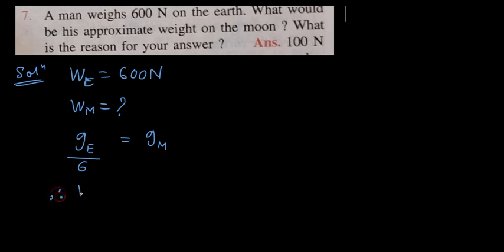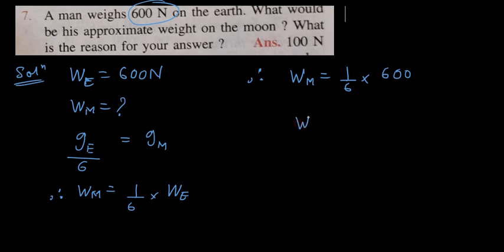So therefore weight on the moon will be 1/6 of the weight on the Earth. So that is 600 over here. So weight on the moon is 100 Newton. So mass doesn't change, but the weight changes.